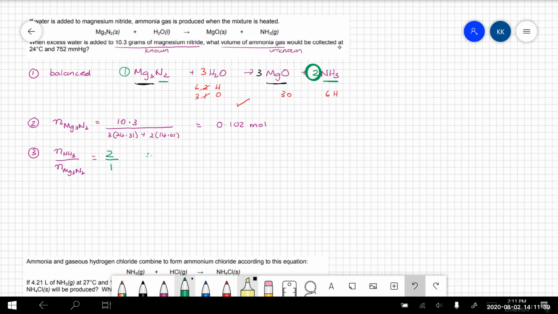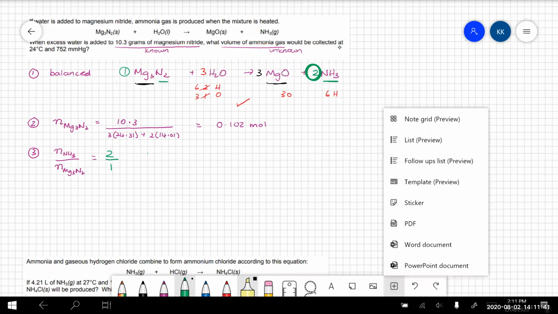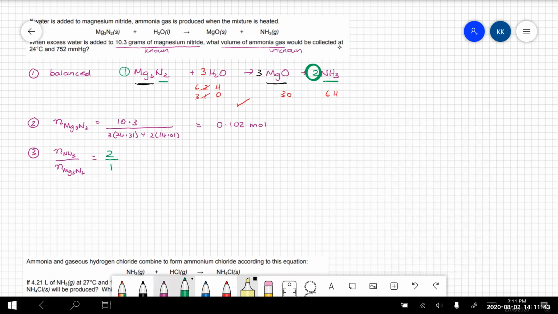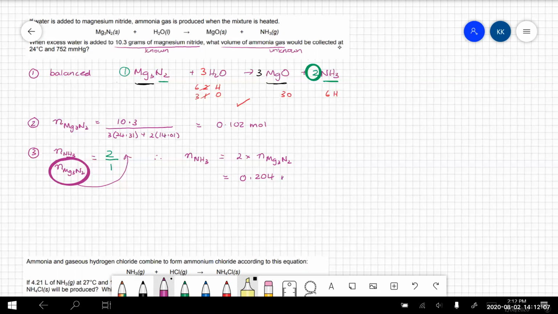So that means we're going to need to multiply by 2. So our moles of ammonia, this is just taking this and multiplying on the other side. So 2 times 0.102 is 0.204 moles.